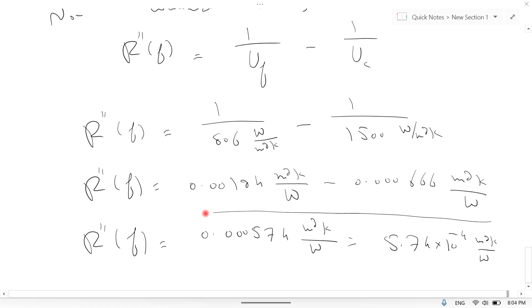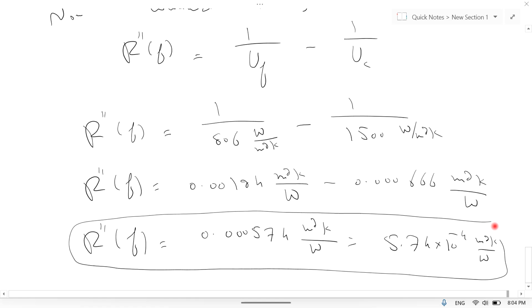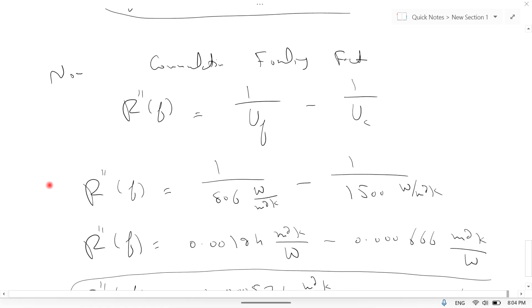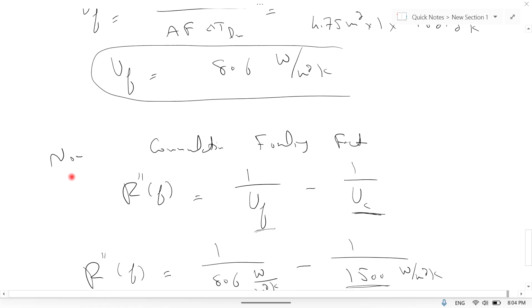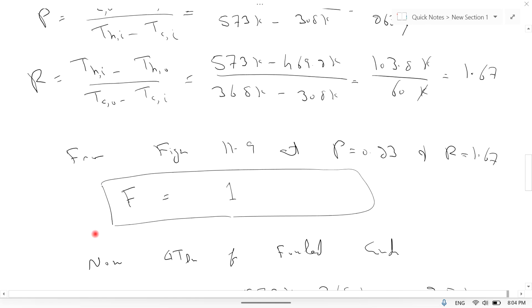This is the cumulative fouling factor. Due to the scaling, the clean overall heat transfer coefficient, which is 1500, is at the start of the heat exchanger. After several years of operation, the overall heat transfer coefficient decreases from 1500 to 806 watt per meter square Kelvin due to the scaling on the heat exchanger.